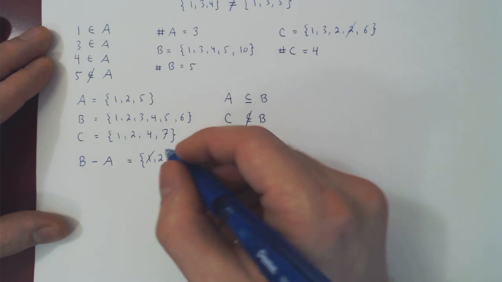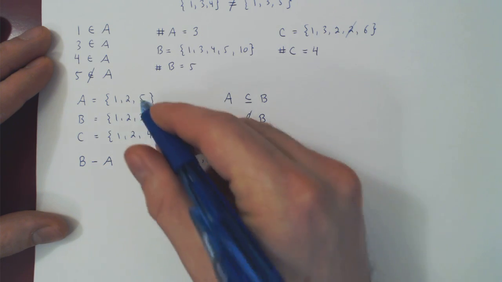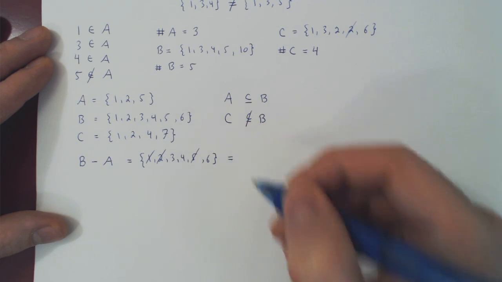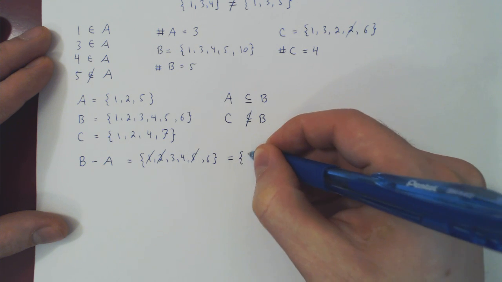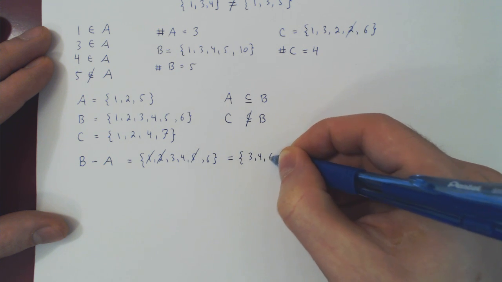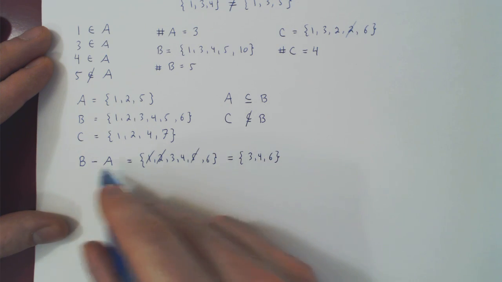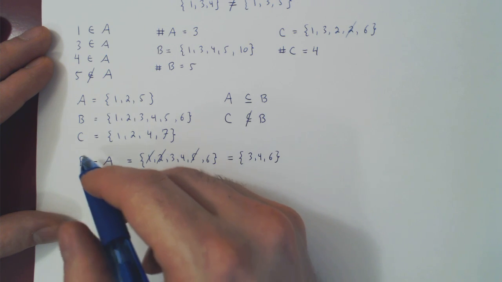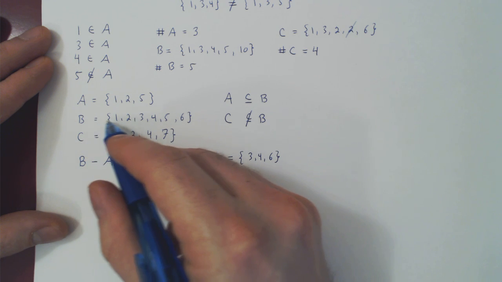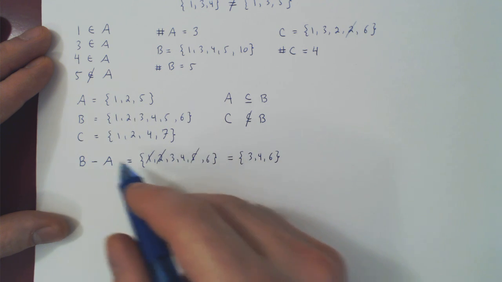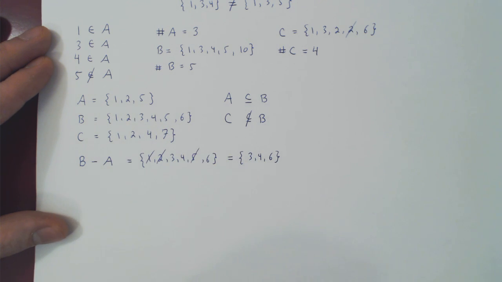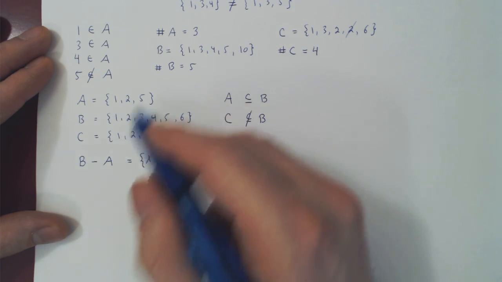As 2 is in A, we remove it. As 5 is in A, we remove it. And so B minus A is the set 3, 4, and 6. And that's it. So think of subtracting sets by starting with the initial set and removing the elements in the other set. That's the notion of subtraction.